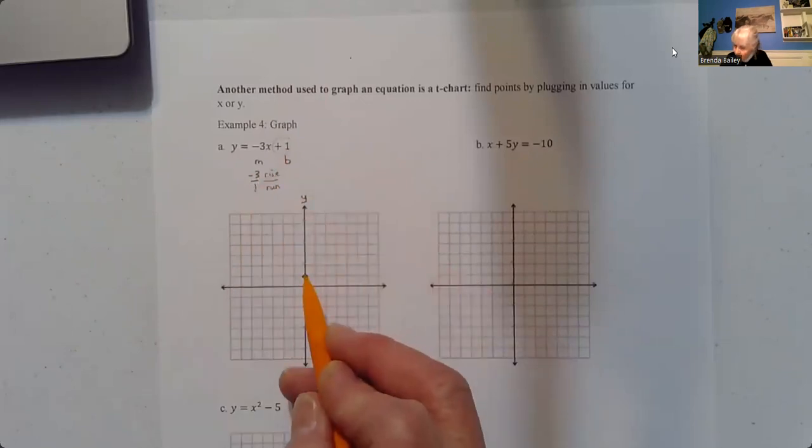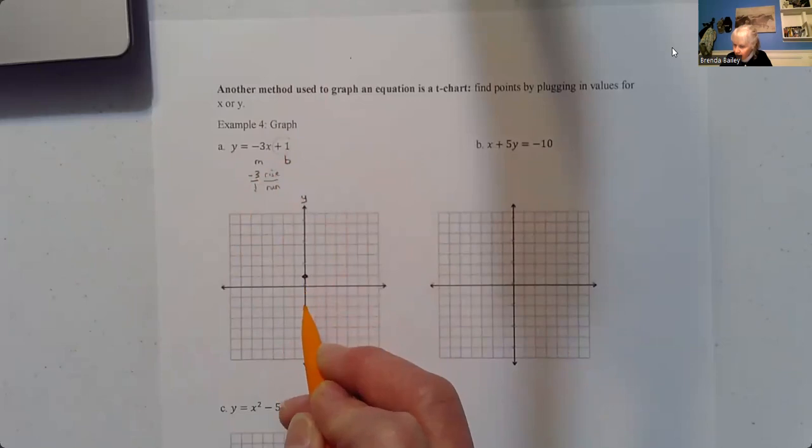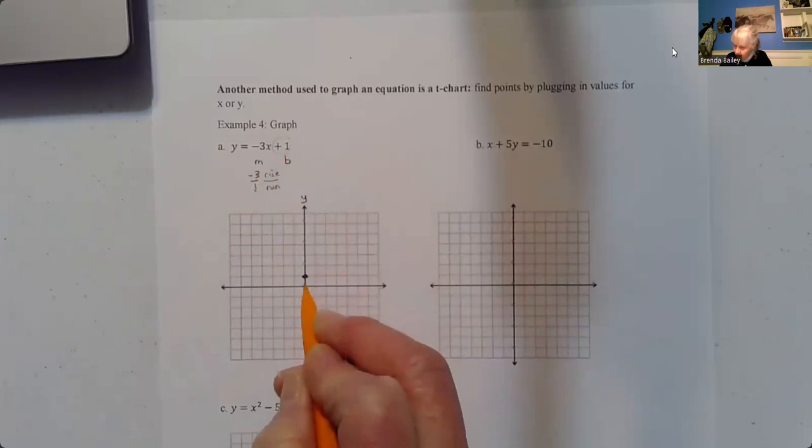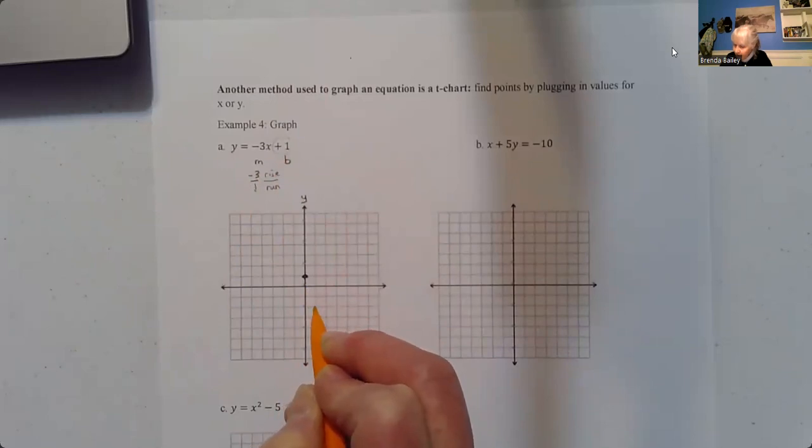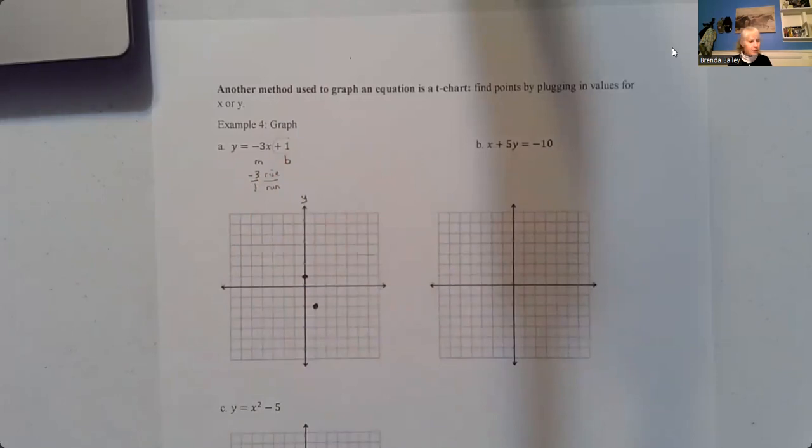So from the 1, you're going to go down 3. 1, 2, 3. And then over 1. You only need 2 points to determine a line. If you connect those up, you have a picture of all the solutions that would work in that equation.